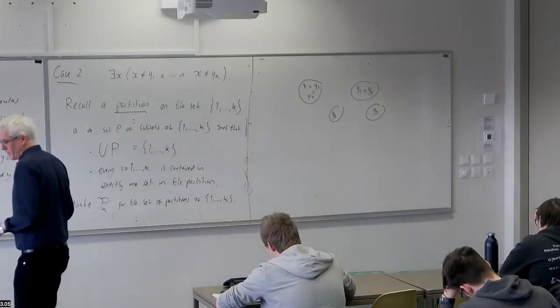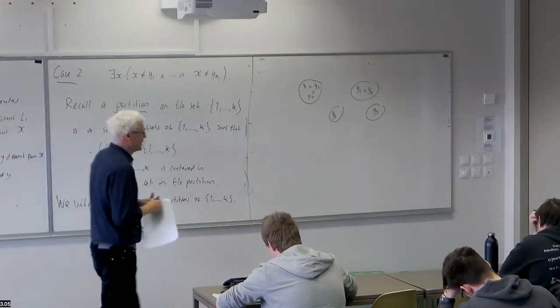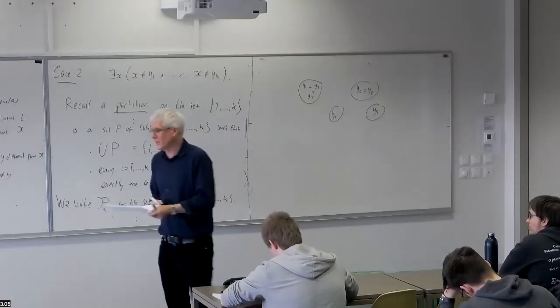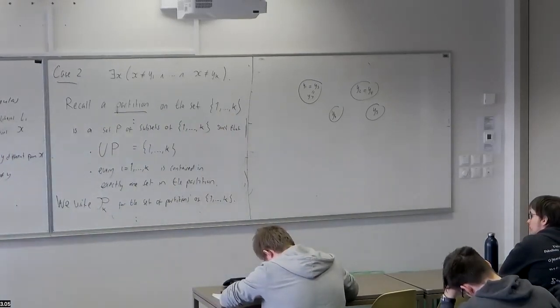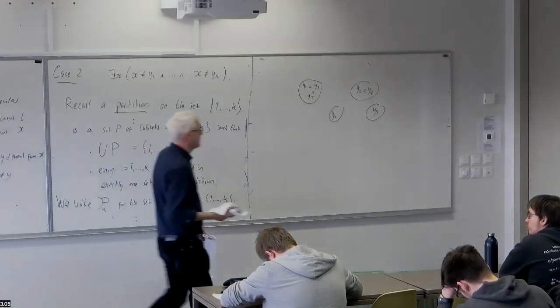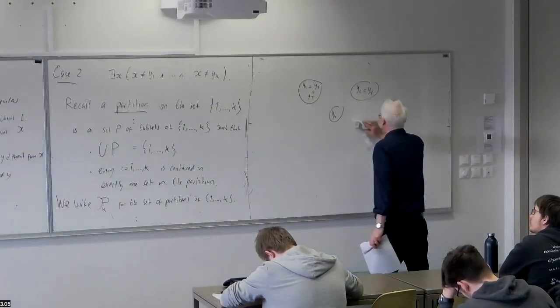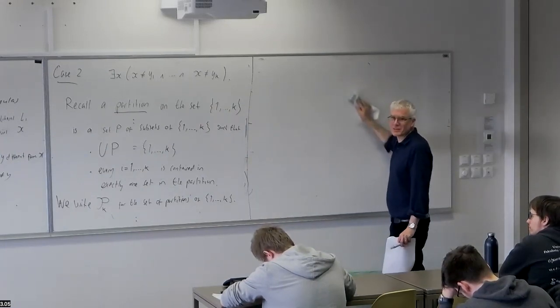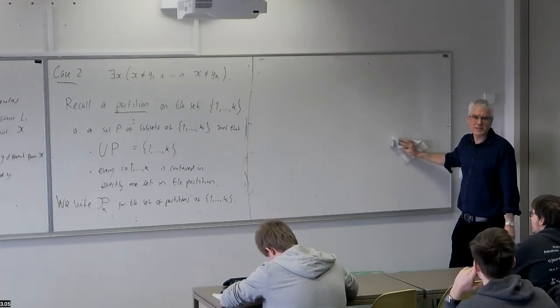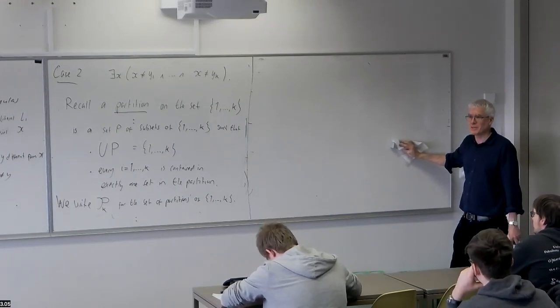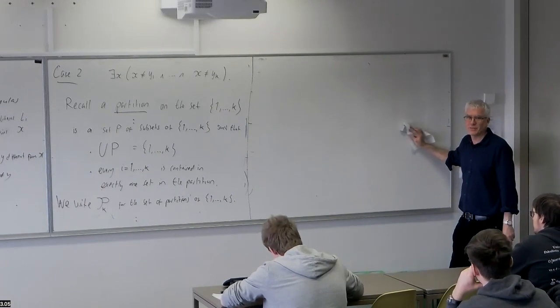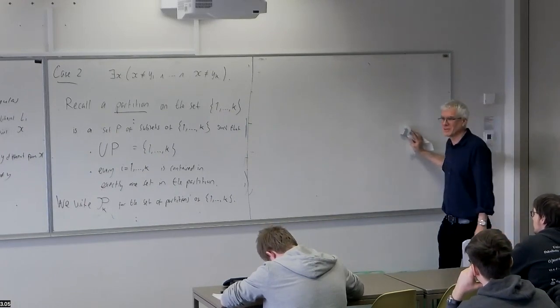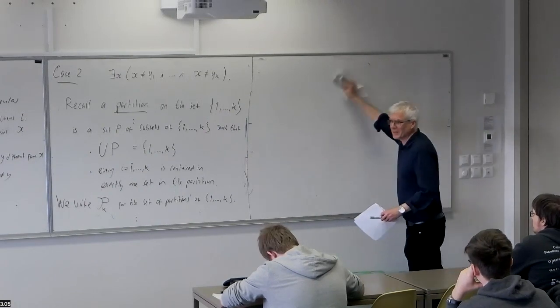So partitions are hugely studied in combinatorics, and it's a long time since I thought about anything like this, but what I vaguely remember is that in the early part of the 20th century, one of Ramanujan's great achievements in mathematics was finding a formula for the number of partitions, but I might be wrong about that.